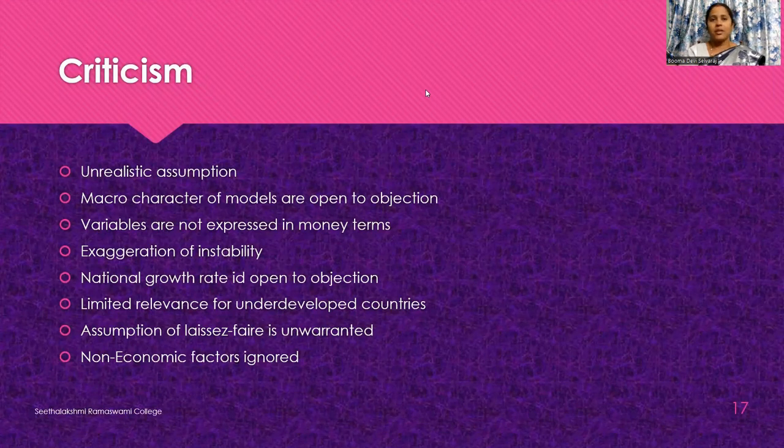The next criticism is exaggeration of instability. The real cause of instability is entrepreneurial behavior and the lag between investment decisions and capital outlays. And due to the assumption of fixed factor proportions, there is an extreme instability which is not possible in the real world.